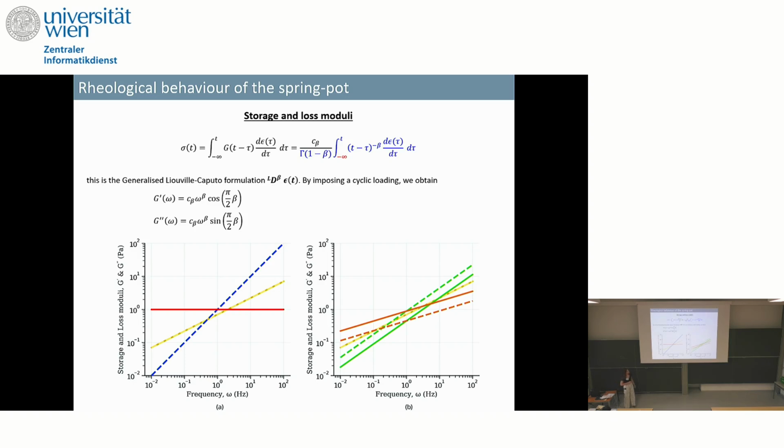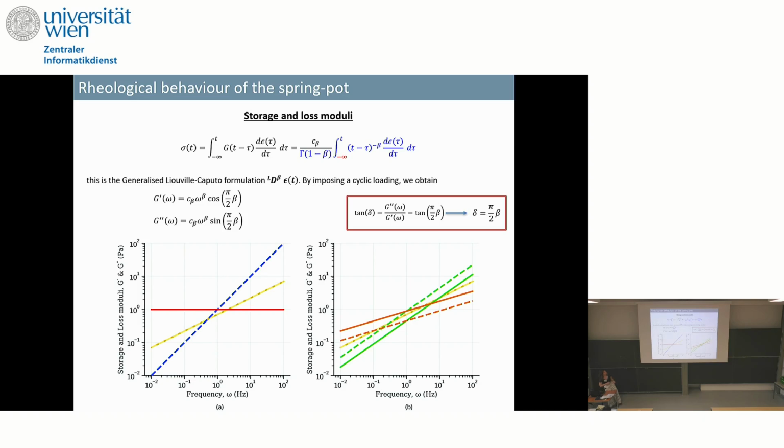When beta is above 0.5, so 0.8, 0.9, the loss modulus is higher than the storage modulus, so it has a more fluid-like behavior. When beta is closer to 0, for example 0.2, the storage modulus is higher than the loss modulus, so it has a solid-like behavior.